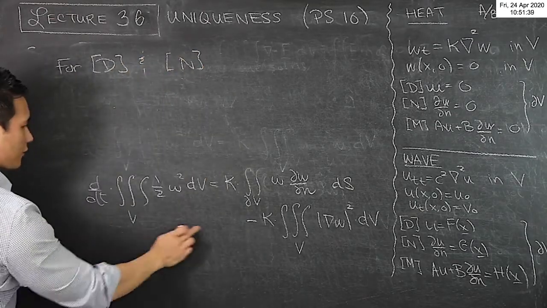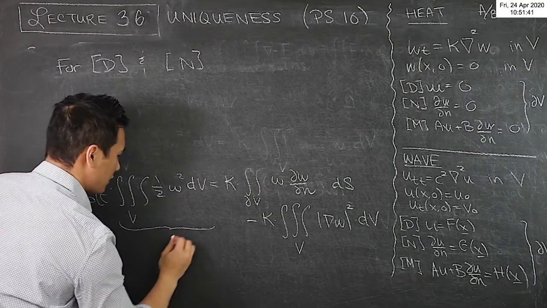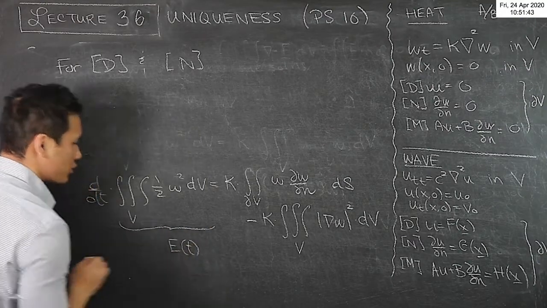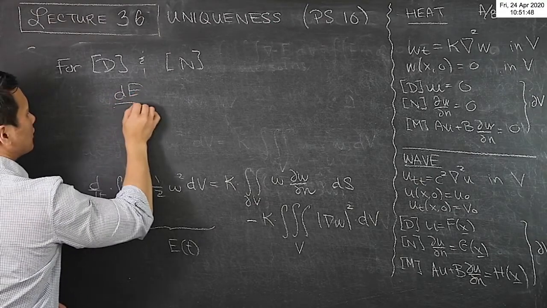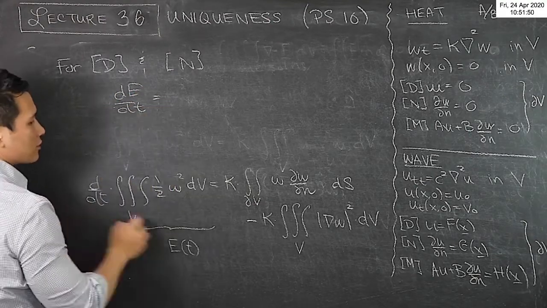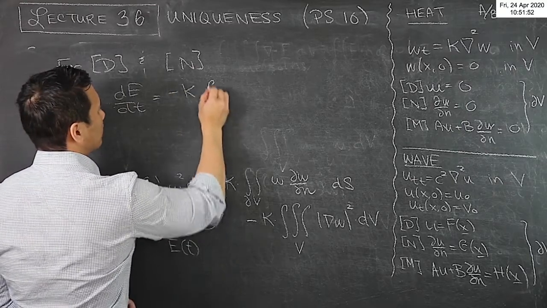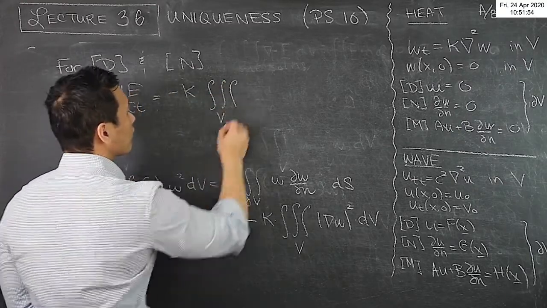you now have this quantity here, which you can define as E of t. This is your energy. dE/dt is equal to minus kappa times the triple integral, or the volume, of the magnitude of grad w squared.